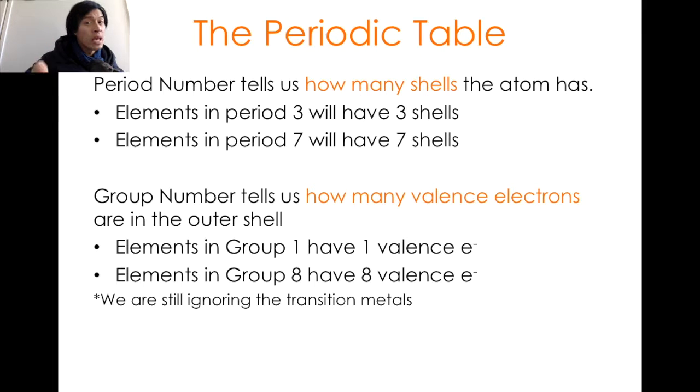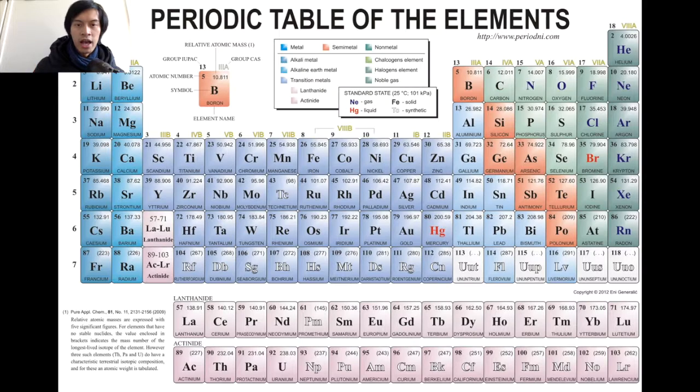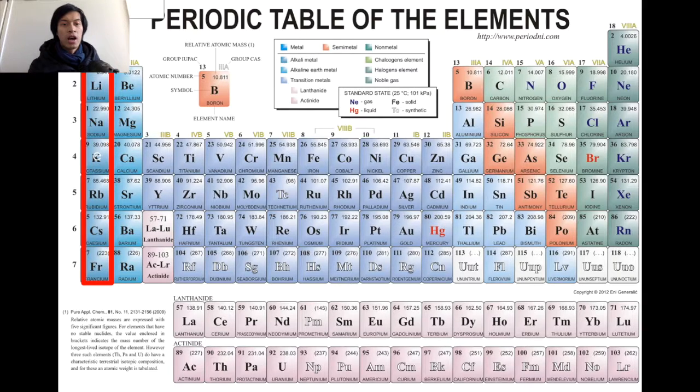Elements in group 4, for example, carbon, will have 4 valence electrons, and magnesium will have 2 valence electrons, and so forth. We ignore the transition metals, but most transition metals will actually have 2 or 3 electrons in the outer shell.